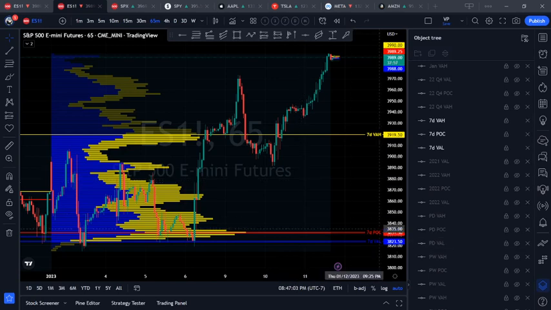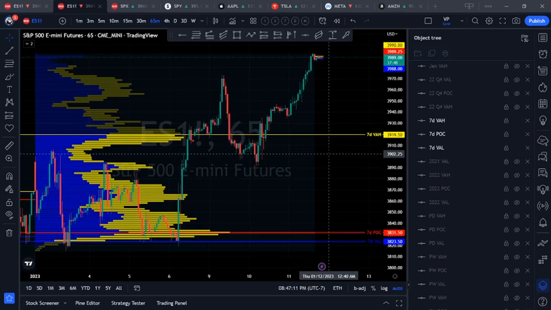All right, so 38.2350 value area low, 38.3150 for POC, and 39.1950 for value area high for the 7-day that just finished.